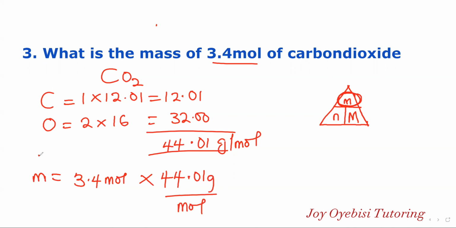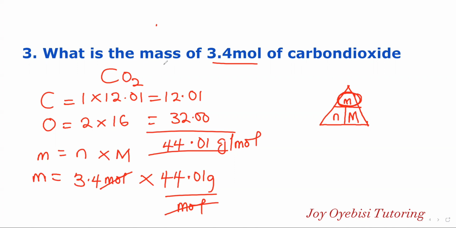So remember, M will be equals to n times big letter M. So the moles will cancel out and you're left with grams, which is exactly what you're looking for.